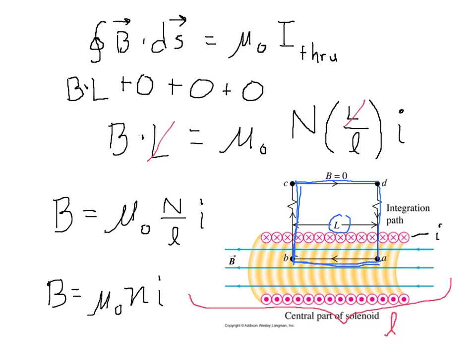So you'll see it two different ways. And in that way, I hope you can tell that the length of our integration path, how wide that rectangle was, made no difference whatsoever.